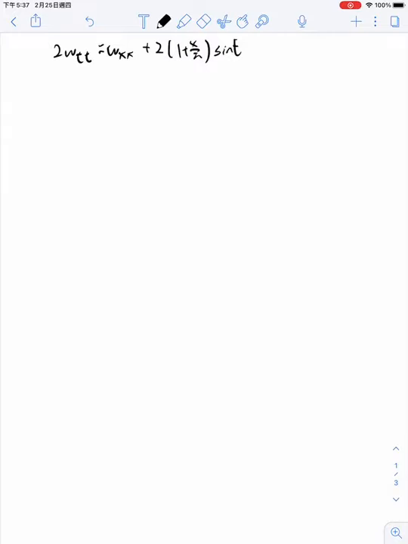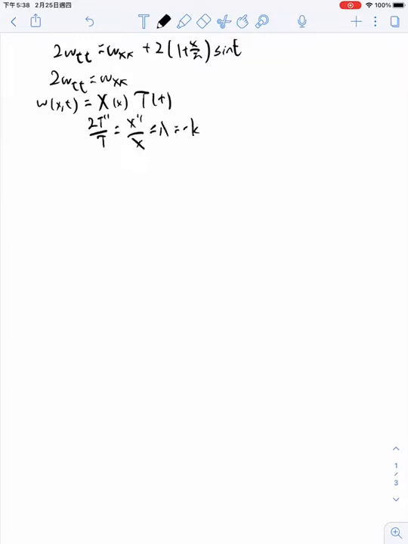So what we're going to do is solve this problem by eigenfunction expansion. But first, we treat it like this. Again, we let W be equal to a spatial part times a temporal part here. K is a positive value.